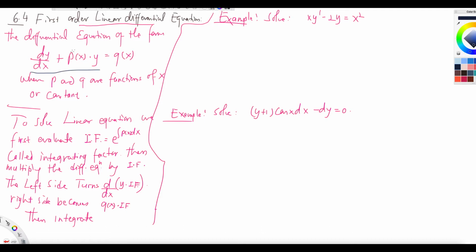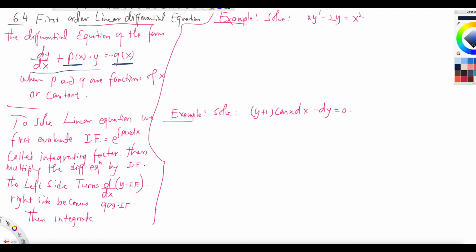And if the differential equation has the form dy over dx plus a function of x only, p(x), times y, equals another function of x, q(x). Okay, you see that again?